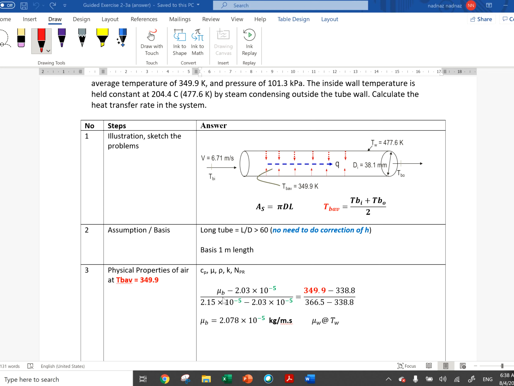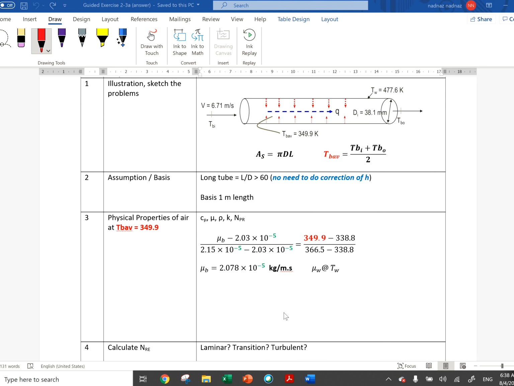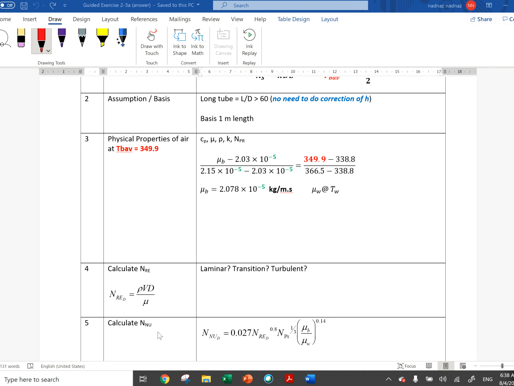Then from this calculation, you can just press your calculator to obtain mu B. So mu B here in this case will be 2.078 times 10 to the power of minus 5. And please do not forget to write down the unit, because later on when you calculate the Reynolds number and Nusselt number, please make sure that the units cancel so that they are unitless.